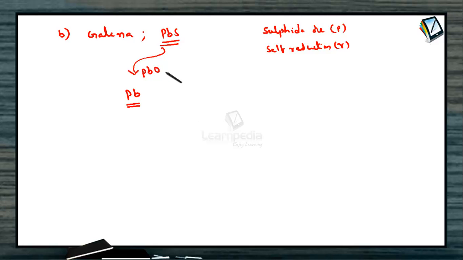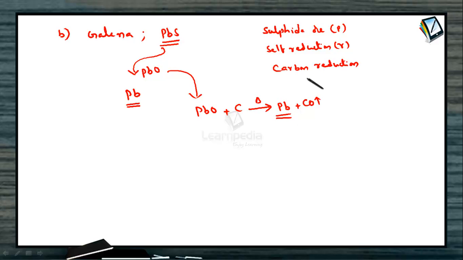But this PbO formed during the roasting of lead sulfide, galena, can also be reduced with coke, which gives lead and carbon monoxide. Thus, lead also can be extracted from lead sulfide by the carbon reduction process. Therefore, for carbon reduction, what do we have? Q. Thus, the answer for B is PQR.